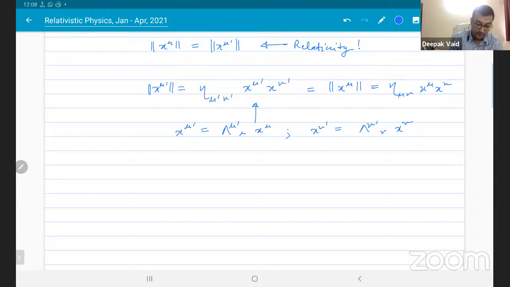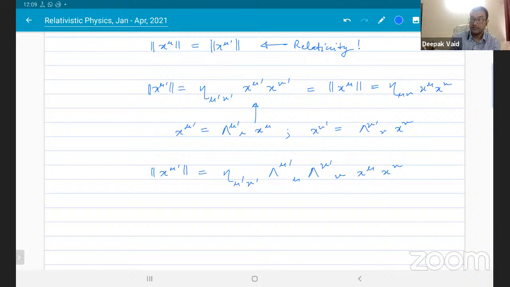What do I get? The norm of my prime vector is eta_{mu prime nu prime} lambda^{mu prime}_mu, and now I'll collect all the lambda matrices first, and then after that I will write my x^mu. And again, remember, we are using the index notation. So when we write things in terms of indices, we don't need to worry about the order.